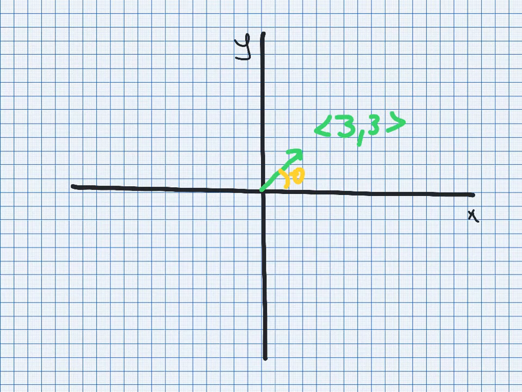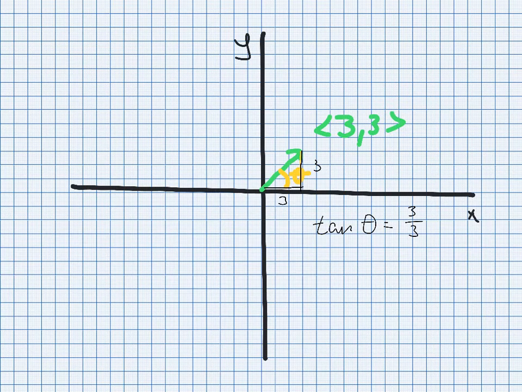And, well, how will we do that? Well, I can construct a right triangle, can I not? I can construct a right triangle right here, and I didn't want to do that in yellow. I wanted to do that in black. Do that from here and here. And I got a side of 3 and a side of 3. And I know that the tangent of theta is opposite over adjacent, so it equals 3 over 3.